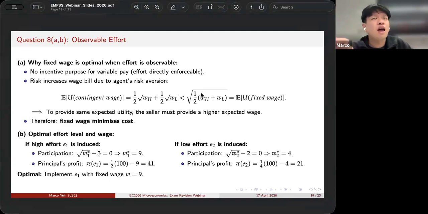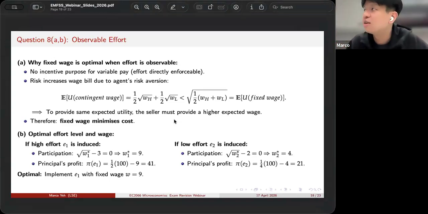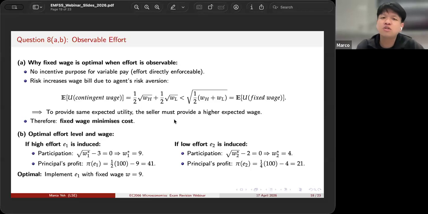If I just take the average of the two wages, WH and WL, and give you that certain wage regardless of the outcome of the project, you will feel safer, you will feel better, and you won't ask for the risk premium. I'm risk neutral as a principal, so I'm happy to take all the risk from the project.